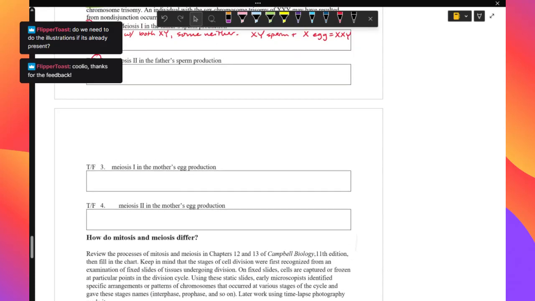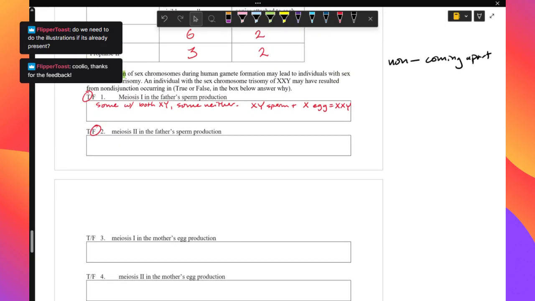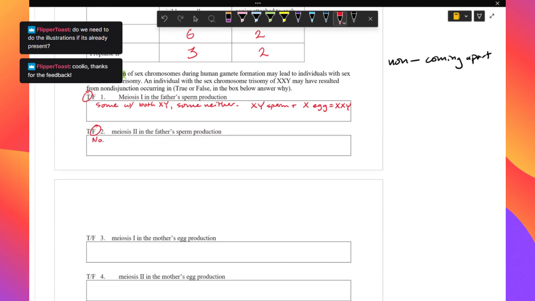In this case, non-disjunction during meiosis 2 of sperm production would produce sperm with either 2 X's, 2 Y's, or no X or Y. One of any of these sperm fertilizing an egg with an X chromosome would not produce an XXY individual.